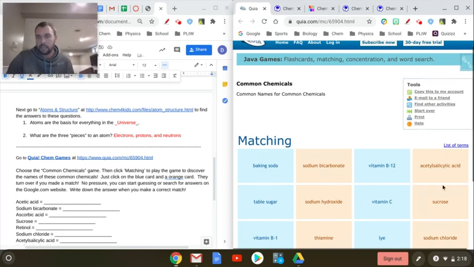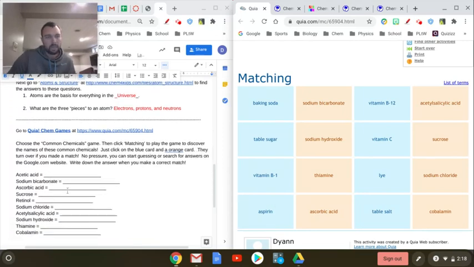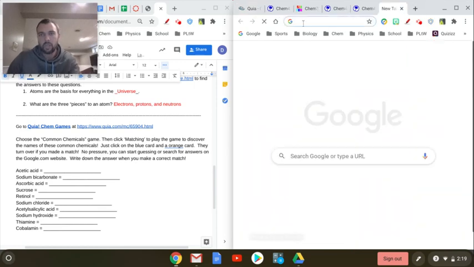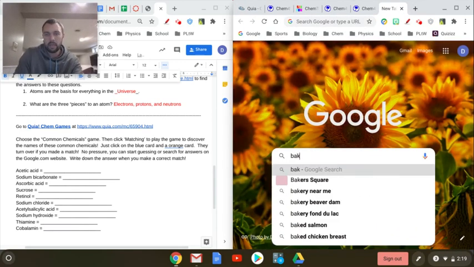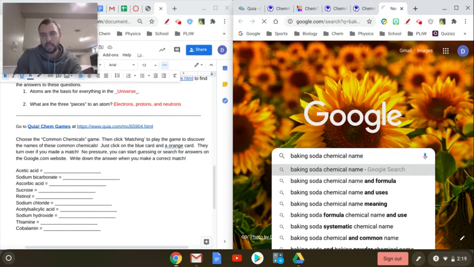Okay, acetic acid. Okay, I know a couple of these here. Acetic acid is not on this one, I don't see. So I'm going to skip this one. It looks like they change depending on which time you go. So what I'm going to do is show you how to find this. I'm going to look for baking soda, and I'm going to go to google.com and search baking soda chemical name.